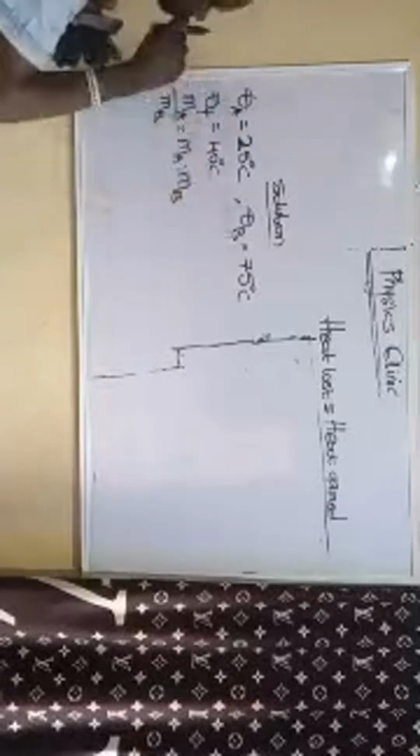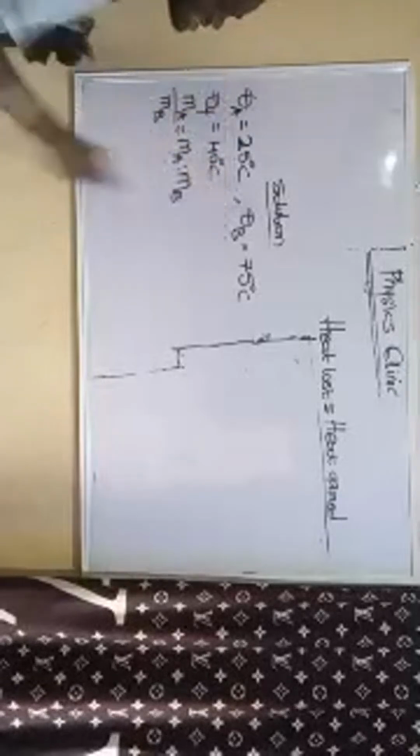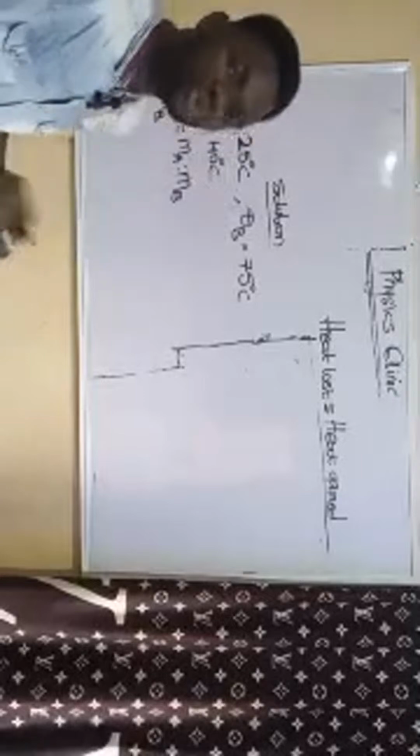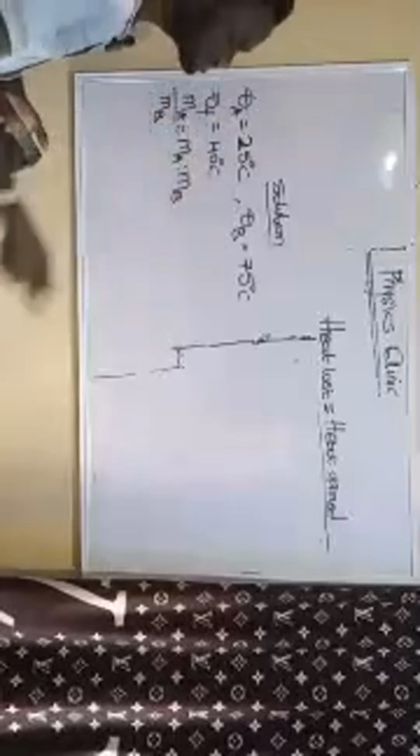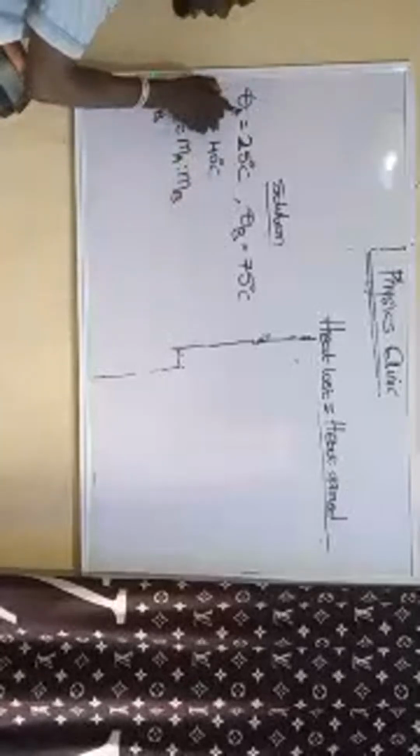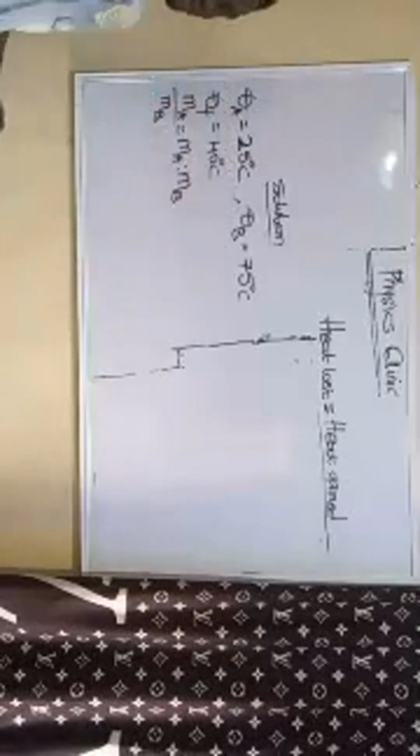Between tap A and tap B, which one do you think will lose heat? Tap A was at 25 degrees Celsius. Tap B was at 75 degrees Celsius.